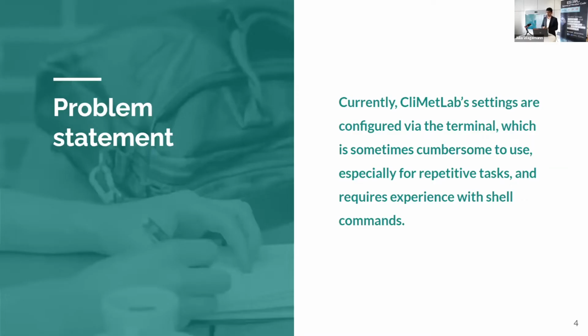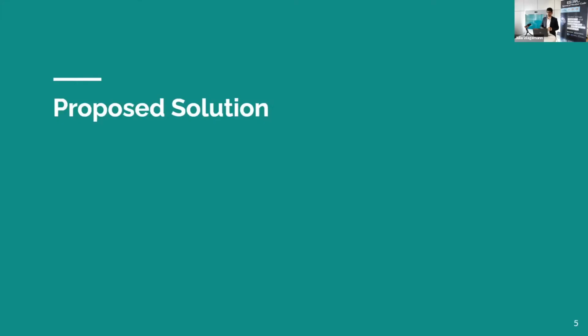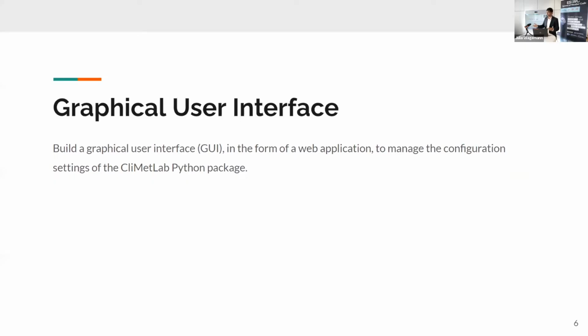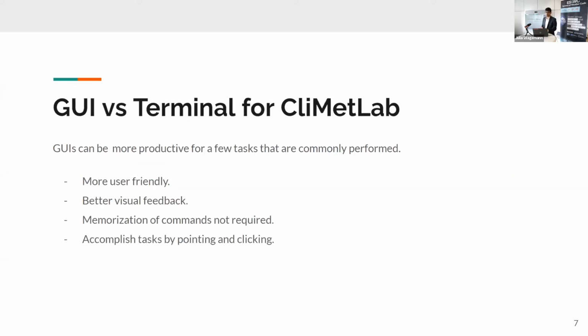As Florian already talked about, CliMetLab's current settings are configured by the terminal. And we wanted users who are not well versed with the terminal to be able to do things themselves. Therefore, a GUI. This is basically a web application that will run locally on a user's PC, something that's easily downloadable as a Python package.